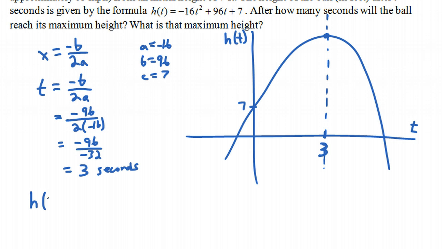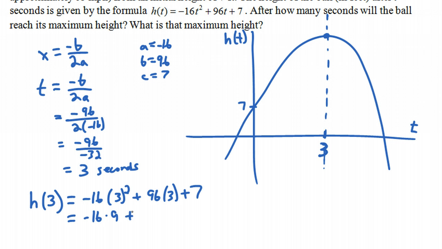Well, what we need to do is find h of 3. We have this formula for h of t, the height of the ball after t seconds. So what's the height of the ball after 3 seconds? If we plug it in, we get negative 16 times 3 squared plus 96 times 3 plus 7. So that's negative 16 times 9 plus 96 times 3, that would be 288, plus 7.